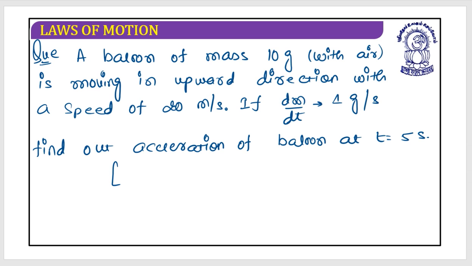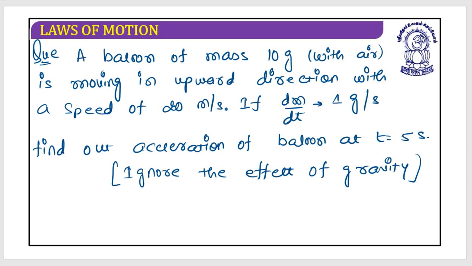As well as one more information they have provided, that ignore the effect of gravity. So how could you do this? Let's summarize the data. They have given the balloon of mass 10 gram, and this 10 gram is considered when I assume it's a balloon plus air filled within it.